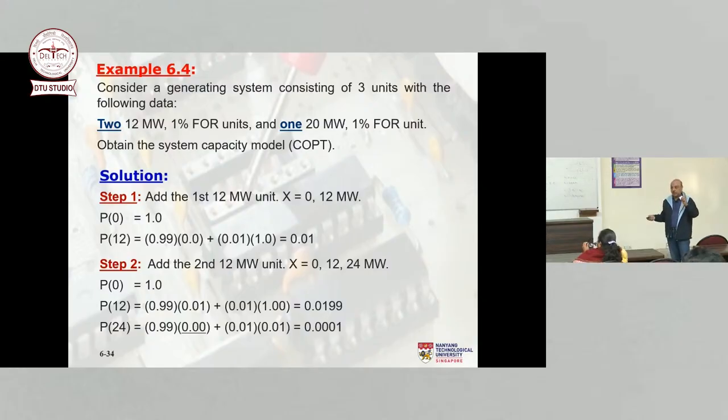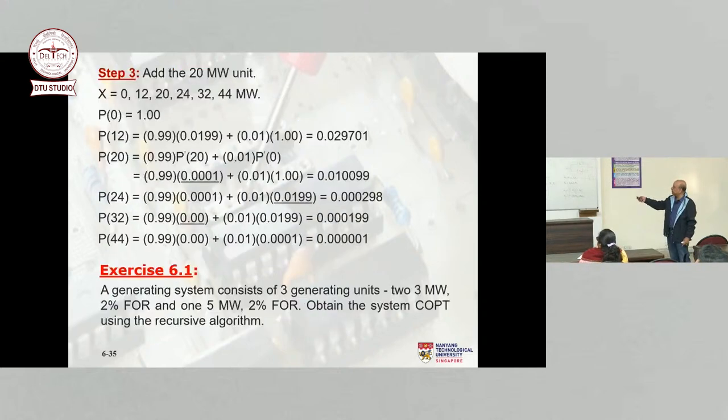Because this is the cumulative probability, we must remember, 24 will include 20, right? Therefore, we go to the next step. So I'm going to use this probability, 0.0001. Okay? Plus the unavailability times P prime of X minus C, 20 minus 20.